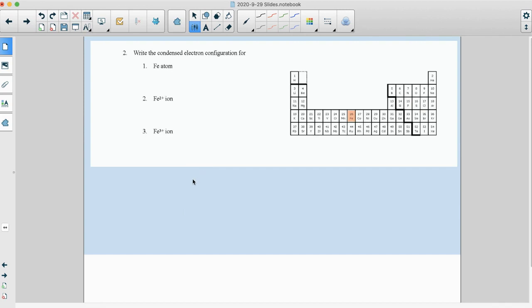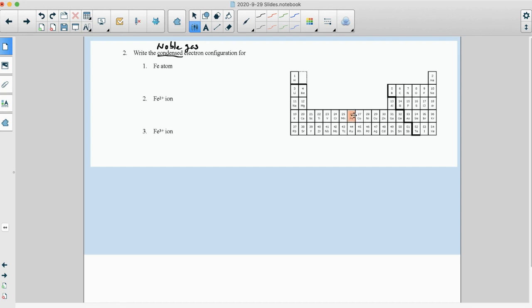Now we're going to do some condensed electron configuration. Sometimes we call this the noble gas electron configuration. Noble gases have this closed outer shell configuration, so they're very stable. We can use that as a basis for our electron configuration and write a shorthand electron configuration.